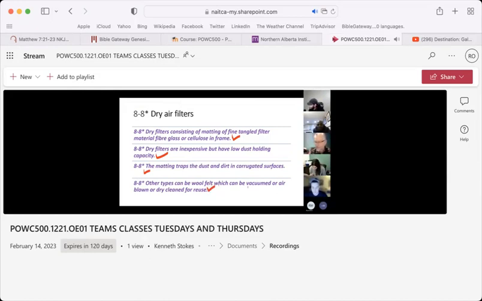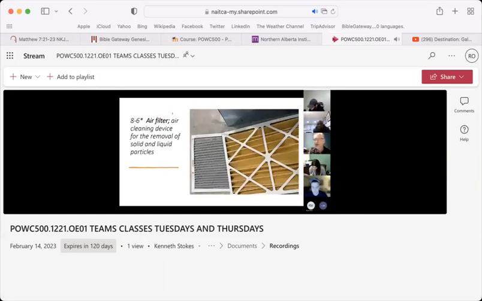Wool fill, so we can vacuum or blow or dry clean to reuse the ones. Remember that an air filter is generally some kind of a device for the removal of solid and liquid particles. Okay, we go back to our chart, you'll see that some things are called solids and some things are called liquid, and then there's a category in between that has living organisms, and we'll have a closer look at what that means.